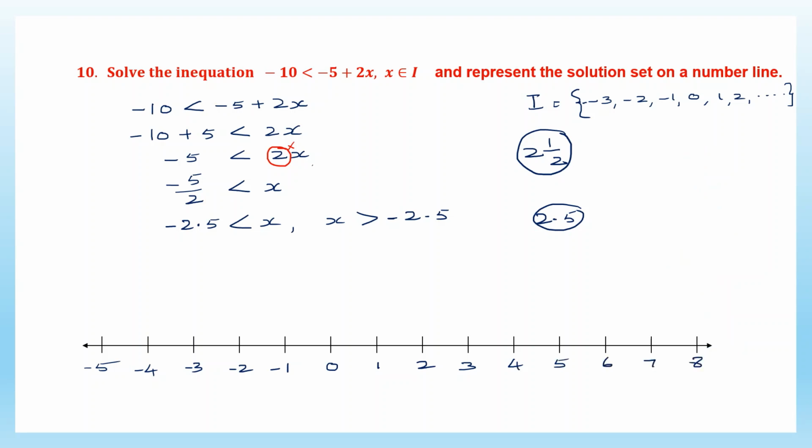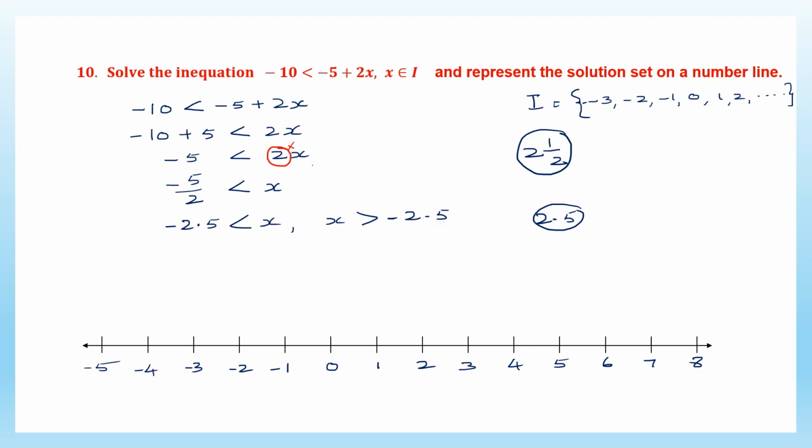Okay. Now I need to get numbers that are all greater than minus 2.5. Now remember, as you move to the right, the numbers keep getting bigger and bigger. If you move to the left, it gets smaller. So we are going to look at all numbers which are moving to the right greater than minus 2.5.